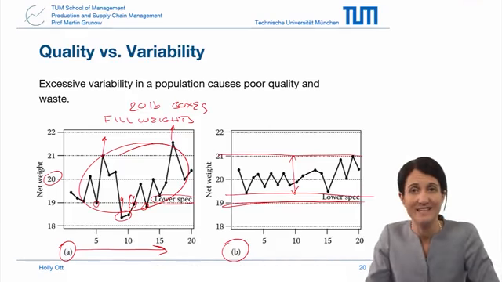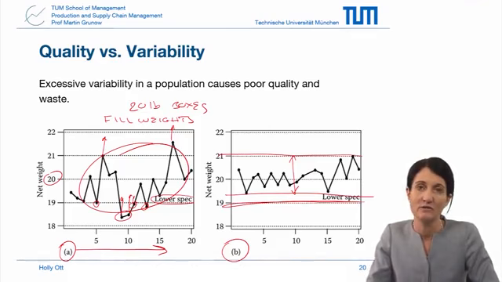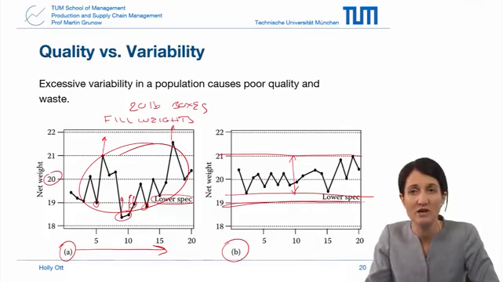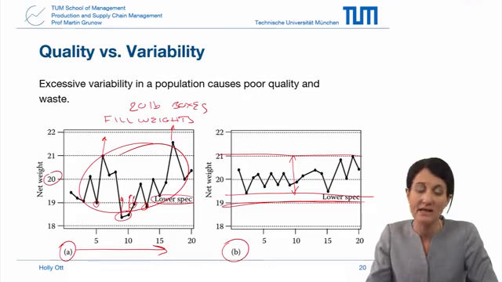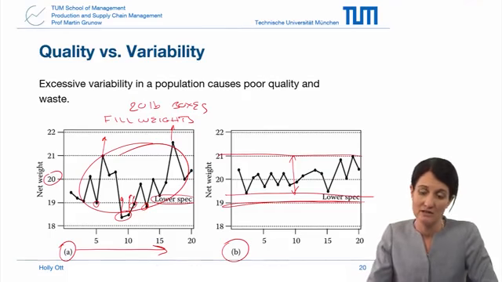There was a little bit of a leaky shutter, and once that was repaired, they were able to control the variability. This is a simple example from industry to show how excessive variability causes poor quality and waste, while smaller variability avoids waste, results in good quality, and in this case also results in saving money by not filling the boxes too much.